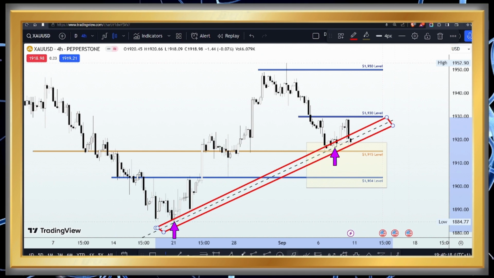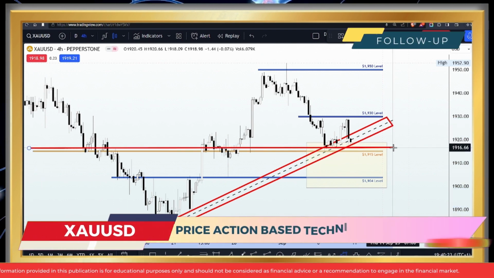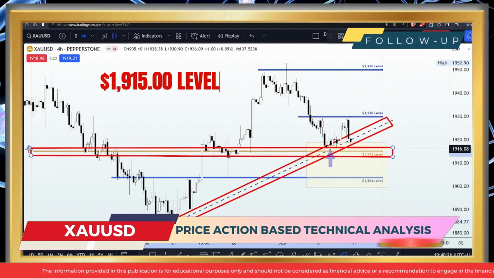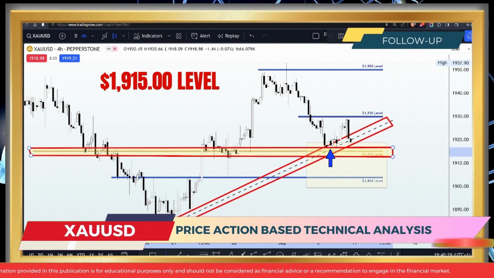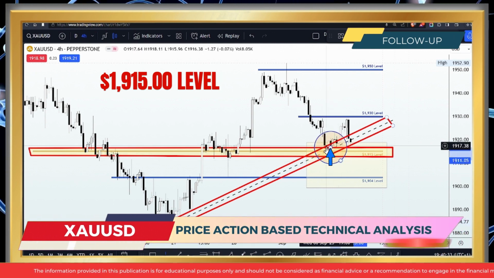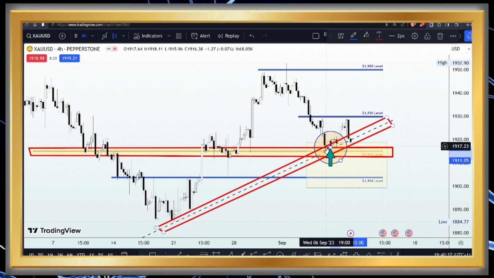Now, remember we have our key level. This is our key level right here at the 1,915. Hold on a second. Let me mark that out so that we can have a visual understanding of what we are talking about here. So we have the 1,915 level, and as you will see, we begin to notice some buy pressure resume around that area during the second half of last week to project the potential of buyers at this point in the market.